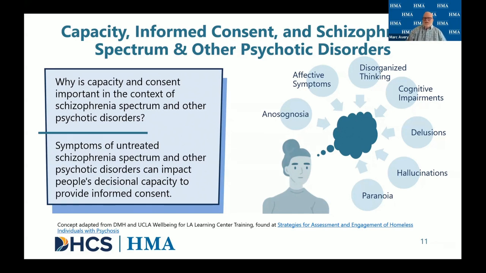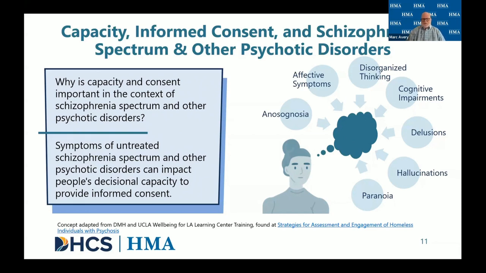That's because the symptoms of schizophrenia and the related conditions can particularly affect a person's ability around capacity and informed consent. So, for instance, a person with those conditions may experience anosognosia, which is a situation where you may have pretty dramatic symptoms, but you may not have insight or awareness that you have those difficulties. That, of course, can then impact your ability to understand the necessary treatment options and the implications of their choices.